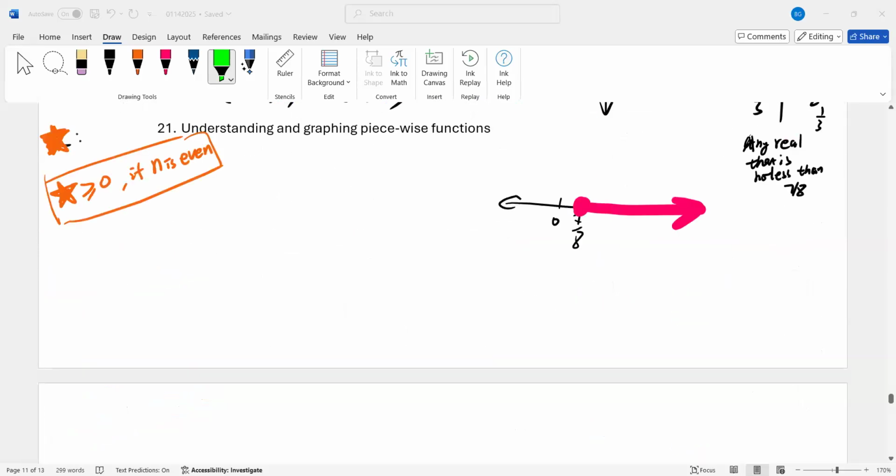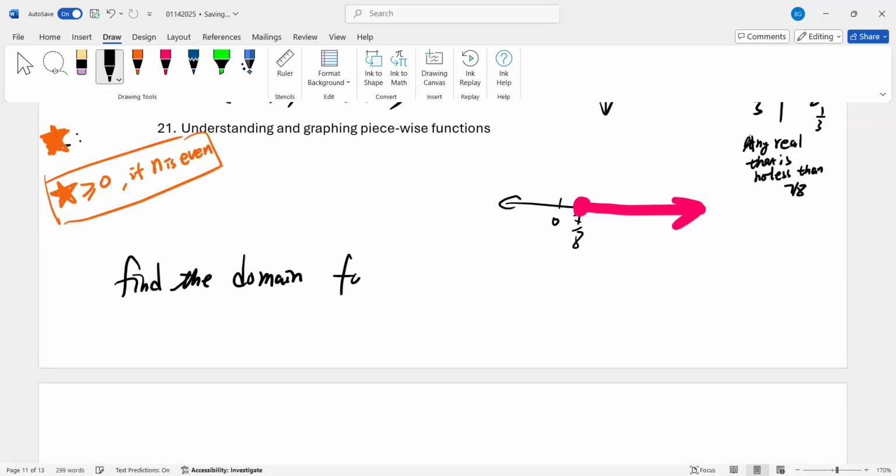I want you to find the domain for the function f of x equals 1 over x minus 2. I'll give you a couple of minutes.